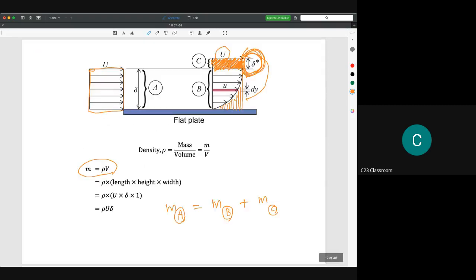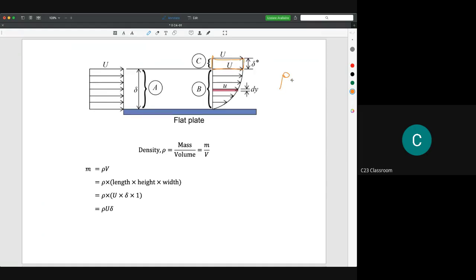If you see the diagram here, to calculate the area of this square, it's just rho times the length here, capital U, and the thickness here, delta star. And we assume that the width here is equal to 1.